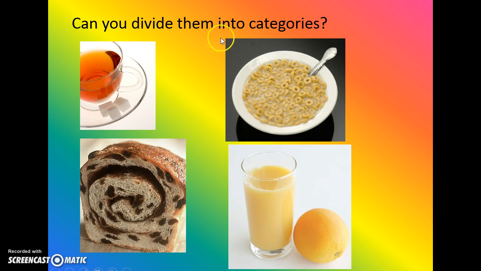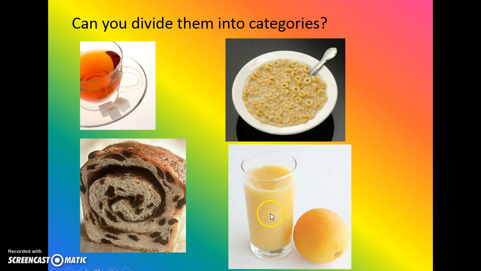Can you divide them into categories? To do so, I want you to look at each and every picture. In here, it looks like there's only one phase, one liquid phase. But in reality, it's a mixture of many things. In here, the cereal looks like you have many things mixed together. The milk and the cereal appear.